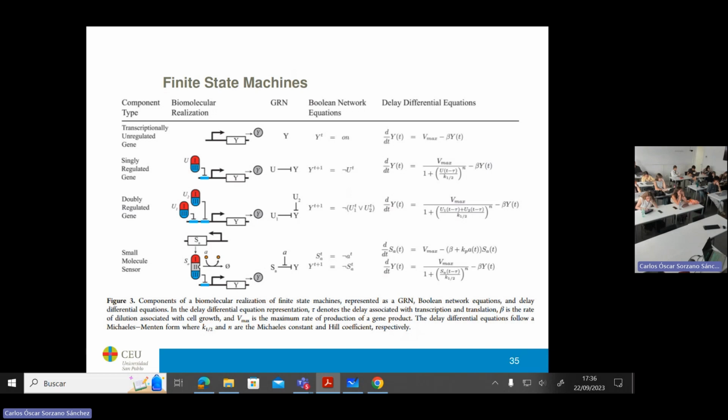And then I can go even finer, because in reality, proteins are not on or off. I have a low value, or I have a high value, and I have all possible concentrations in between.